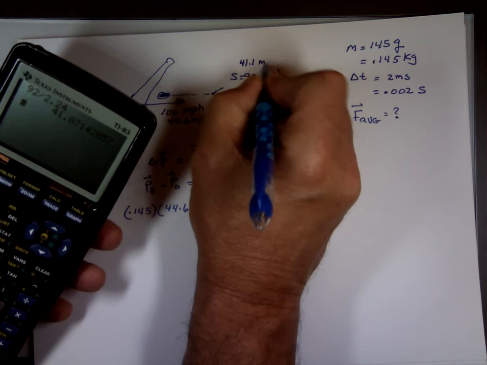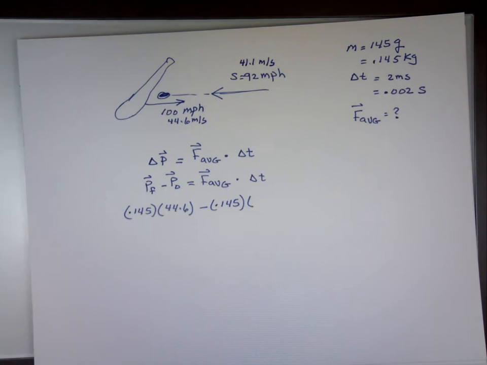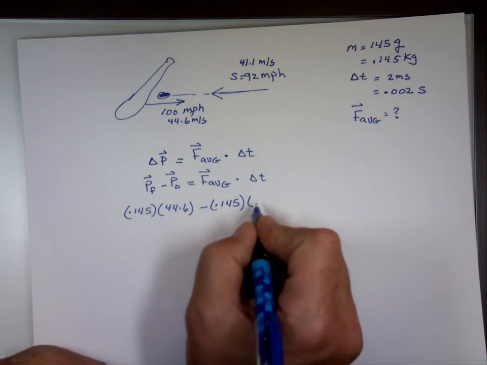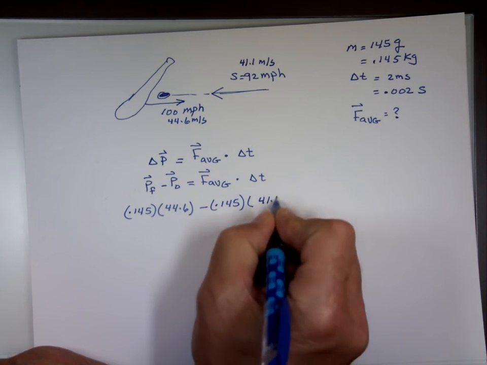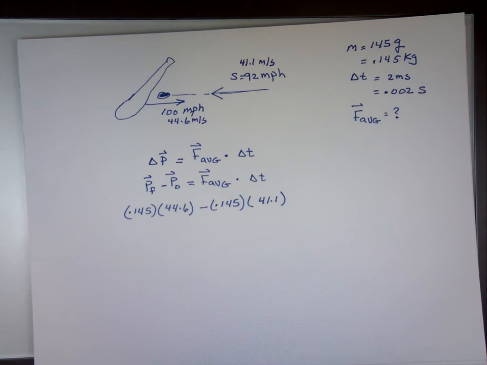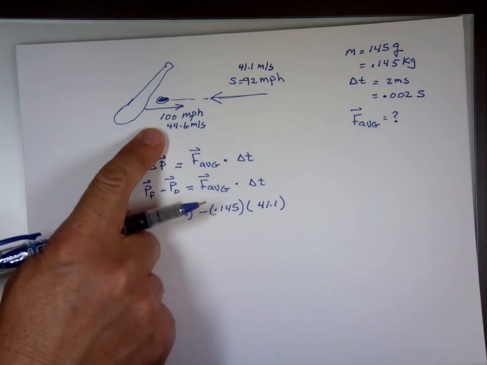So what are you going to write there? 41.1? What do you think? Notice I left a space in front of 41 intentionally. Why? Which way is the ball leaving? Going to the right. That's positive.